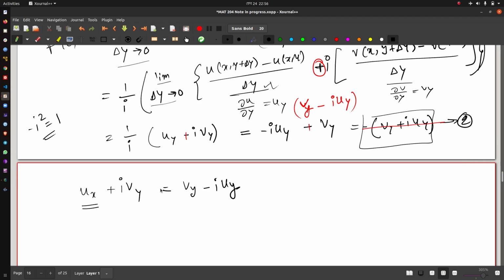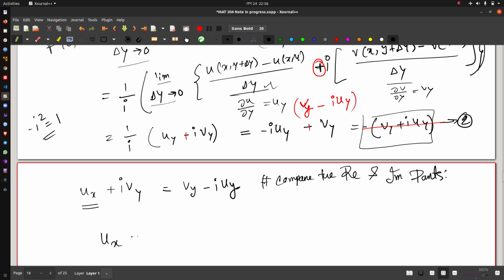And if you compare the real and the imaginary parts now, you'll have Ux equals to Vy and Vy equals to minus, oh sorry, this should be Ux, it shouldn't be Y, it should be X. I mean sorry, this should be Y and this should be X. Yeah, that was an error, so sorry about that.